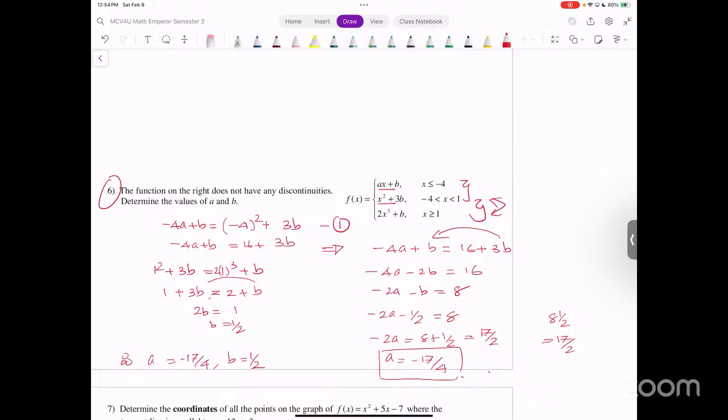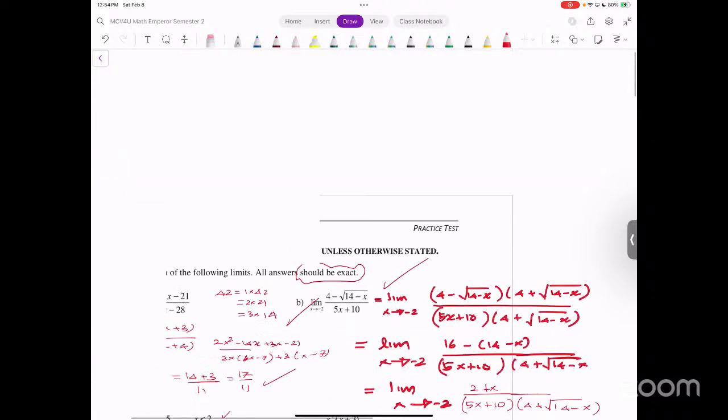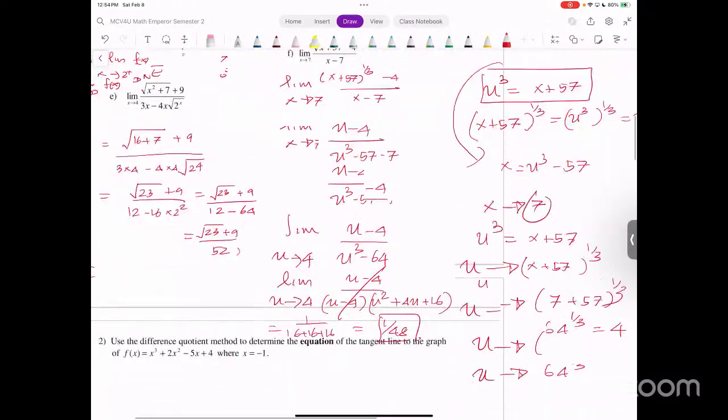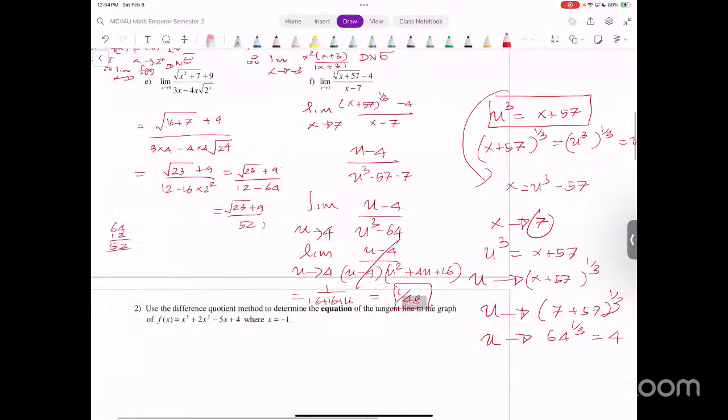Are you just following that? What we're doing? So continuity. Do you know how it says the function on the right does not have any discontinuities, but the function has some discontinuities? How come you have a discontinuity, sir? Where did you find a discontinuity? Isn't it on the second function?